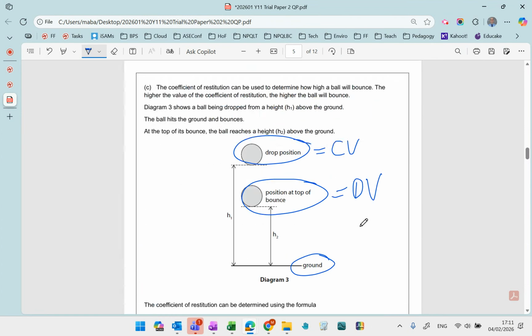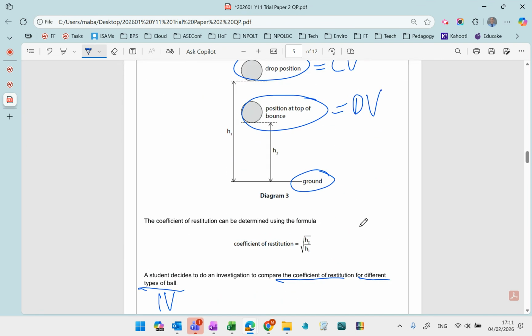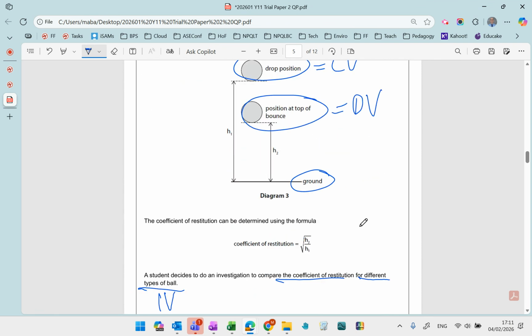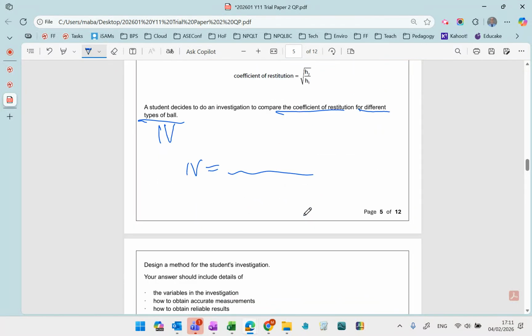Actually, sorry, I'm looking at the mark scheme again. From those 3 things, IV, DV and CV, you can score a maximum of 2 marks. So if you just talked about the IV and the DV, you get 2 marks. If you talked about all 3, you get 2 marks.